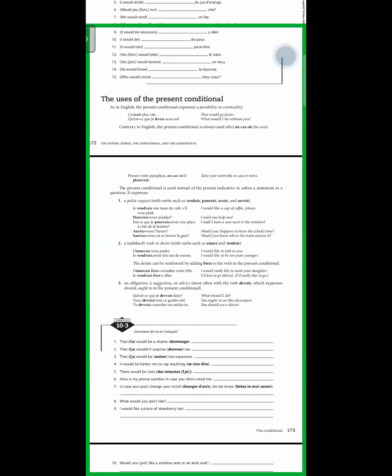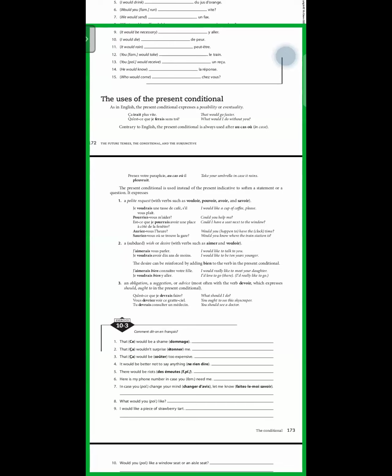Je voudrais avoir 10 ans de moins. I would like to be 10 years younger. The desire can be reinforced by adding bien to the verb in the present conditional. J'aimerais bien connaître votre fille. I would really like to meet your daughter. Je voudrais bien y aller. I'd love to go there.